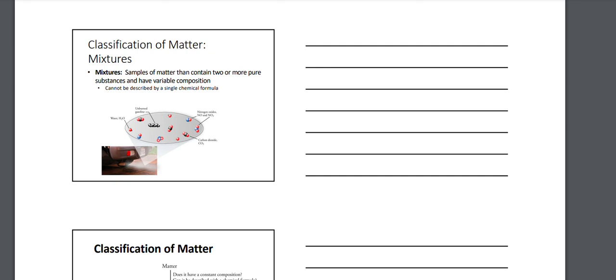So that makes it a non-pure substance, or a mixture of more than one pure substance. Again, it cannot be described by a single chemical formula. For example, the emission that comes out of the car, right? So it has water droplets.